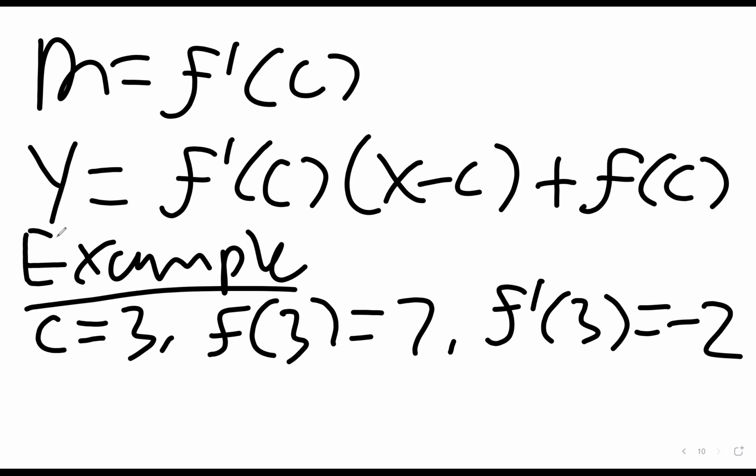Then simply by using this formula, the equation of the tangent line is y equals -2, just substituting f prime of 3, with c equals 3 there, and f(c) as well.